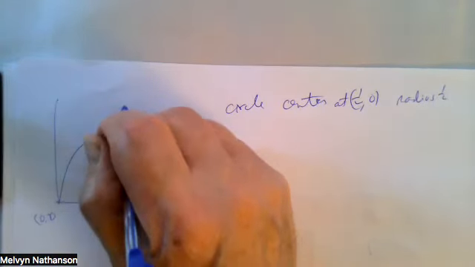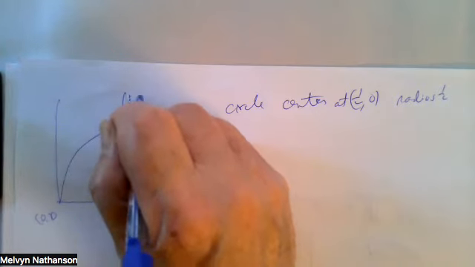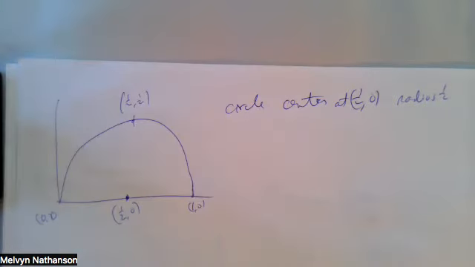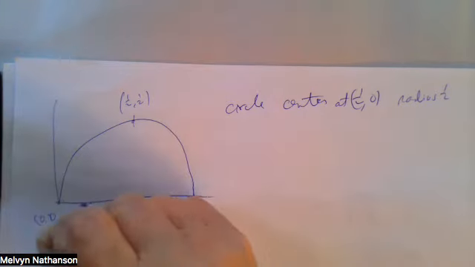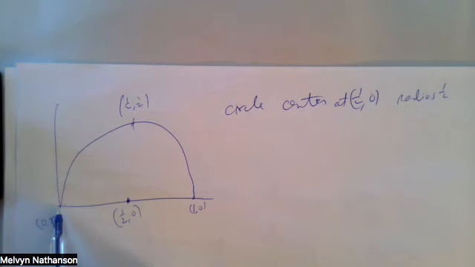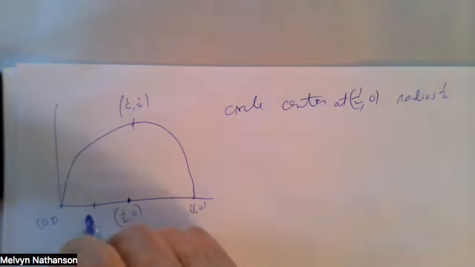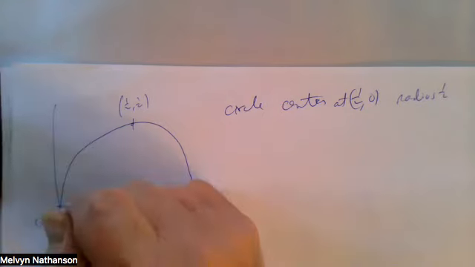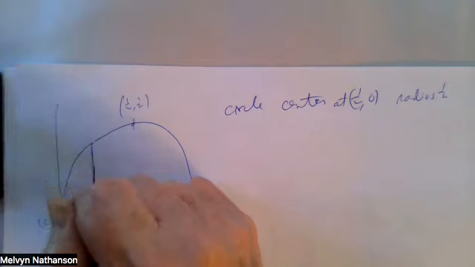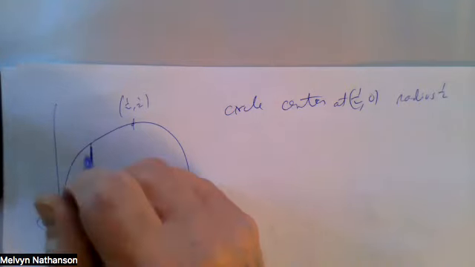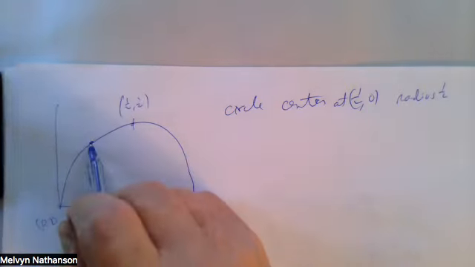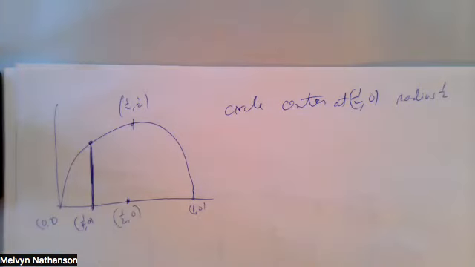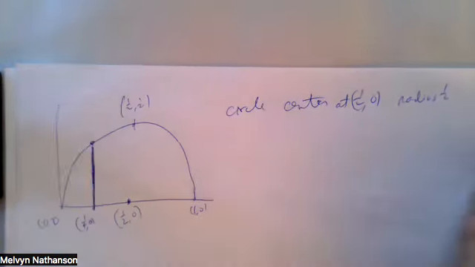For example, this point would be a half comma a half. And if we go halfway from 0, 0 to a half, 0, that's the point a quarter, 0. And we draw the vertical line at this point. And I want to know, what are the coordinates of this point?